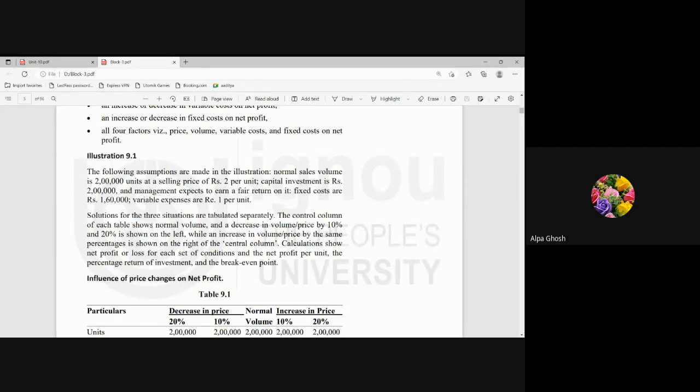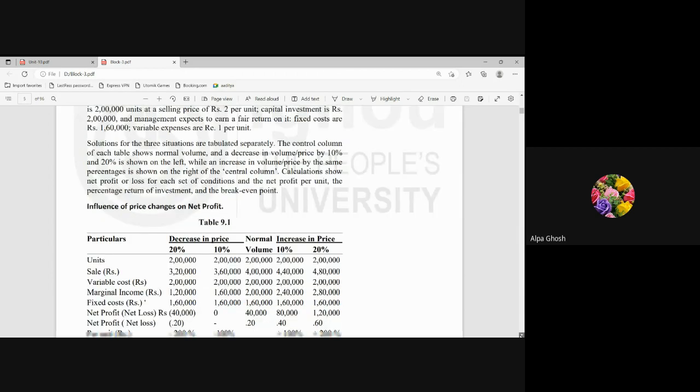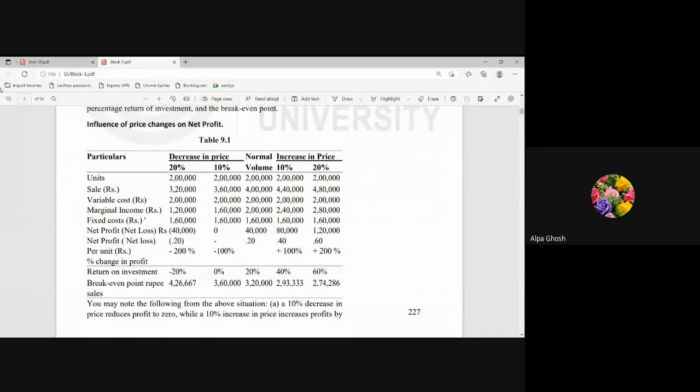The control column of each table shows normal volume, a decrease in volume price by 10% and 20%, while an increase in volume price by the same percentage. So we'll come to this solution. These are the particulars.